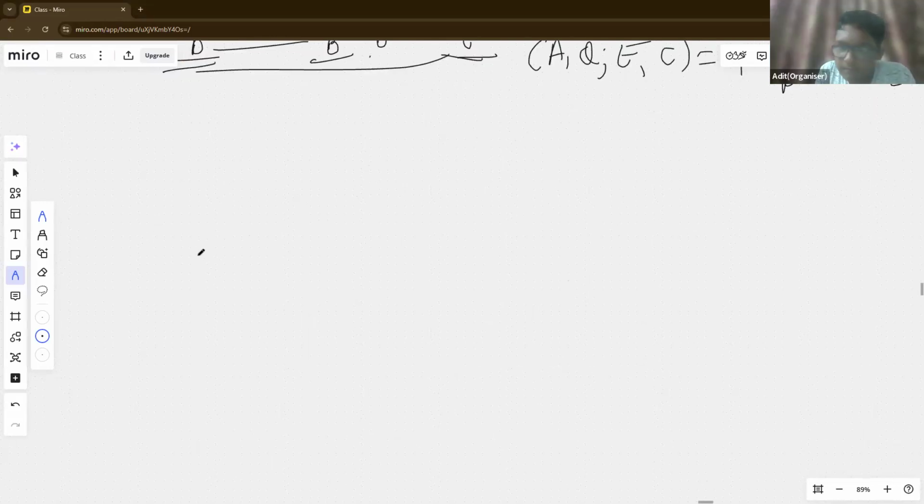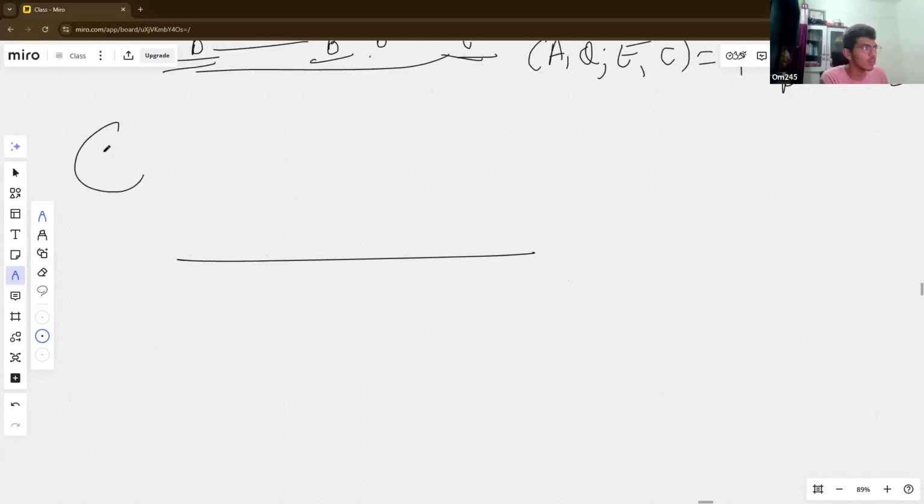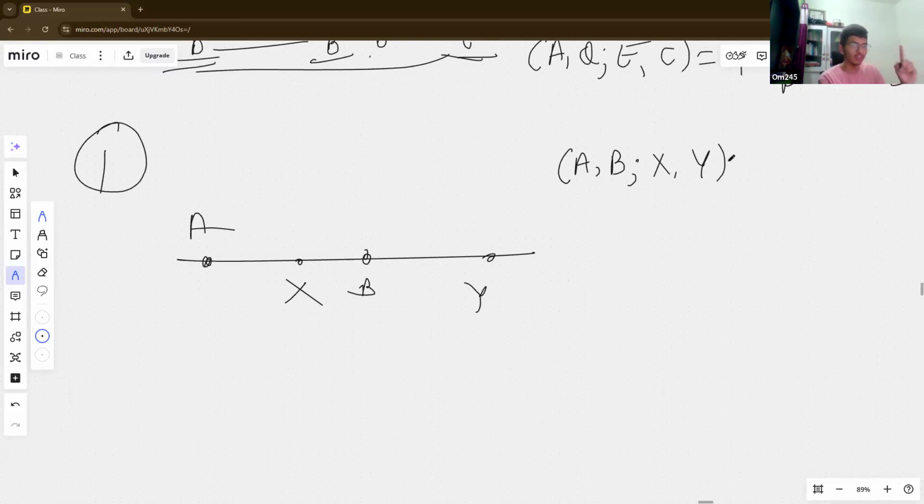Okay, we cover some two nice facts about harmonic bundles. Suppose A, B, X, Y are harmonic. Then there is a way to prove this by inversion. Consider the midpoint of AB.